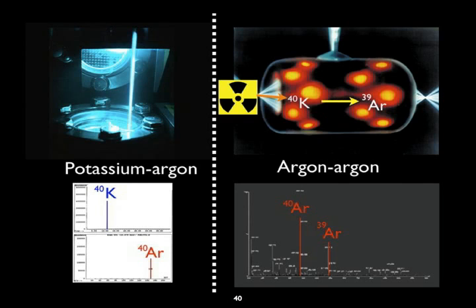Using the traditional potassium-argon dating method, you would have a problem because you wouldn't be able to be sure that that crystal is from the same eruption, right? So using the argon-argon dating method and looking at a broad range of crystals from a particular tuff can allow you to date a population of crystals.